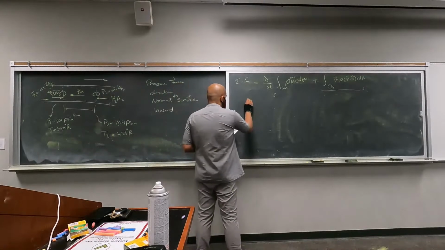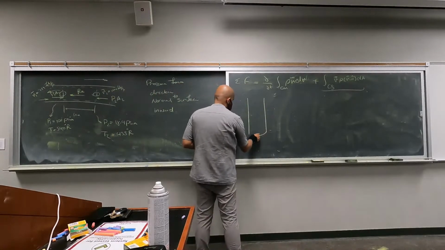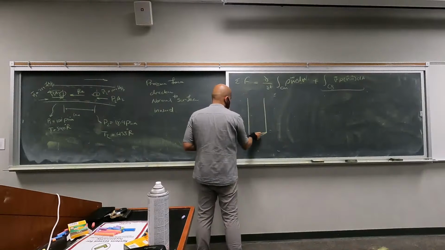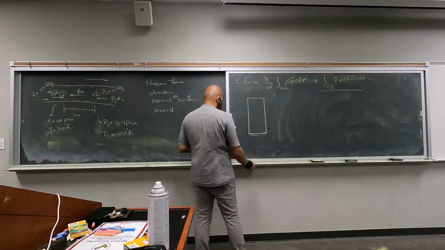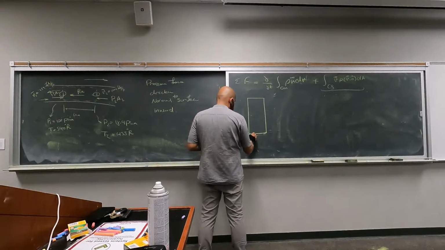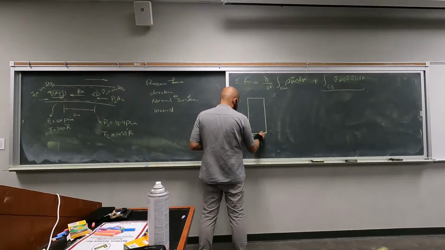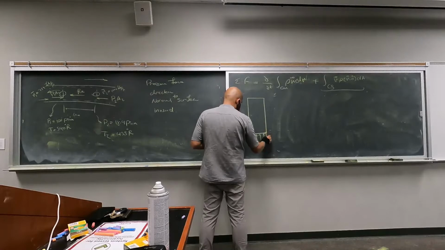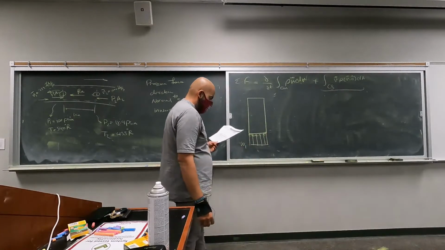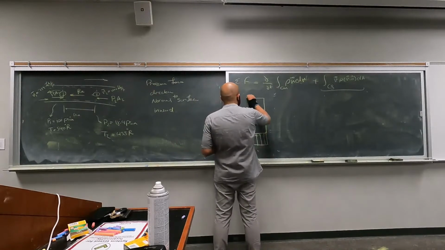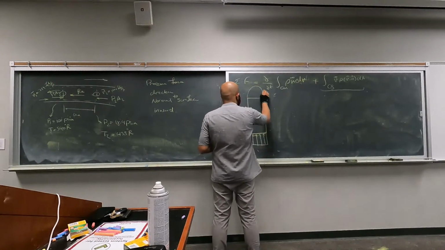So we have a vertical flow. Flow comes in with a uniform distribution W1, and then goes out with a non-uniform distribution.